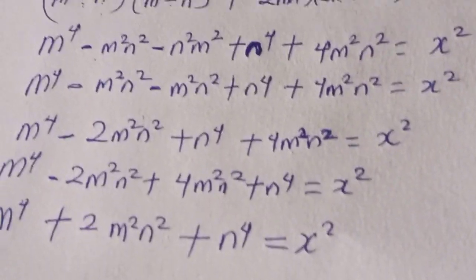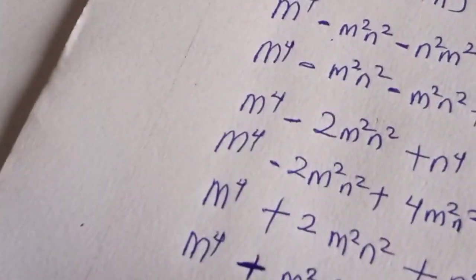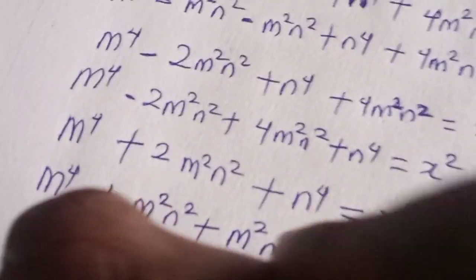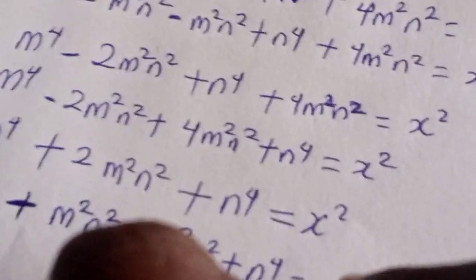Then we can factorize, which should give us another quadratic equation: m² times (m² plus n²) plus n² times (m² plus n²) equals x². What is common between m raised to power 4 and m²n²?